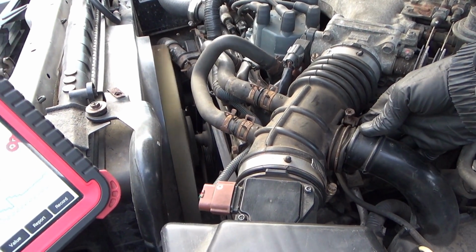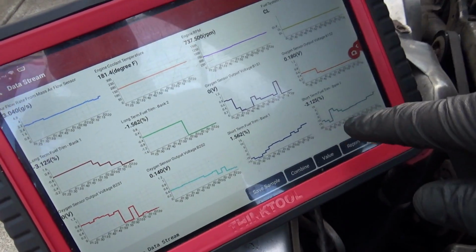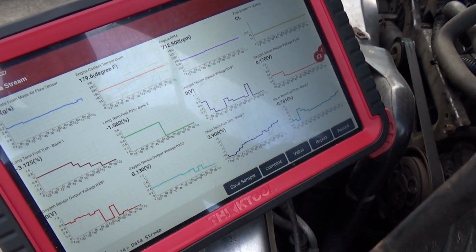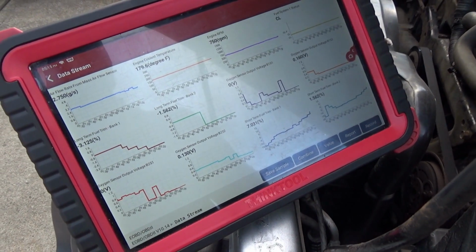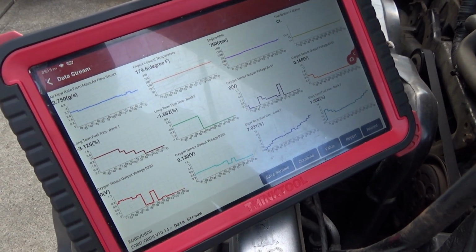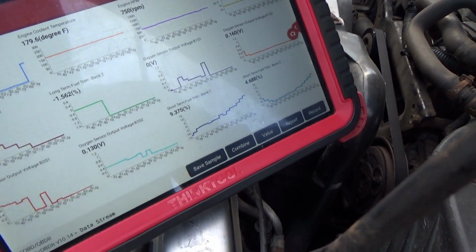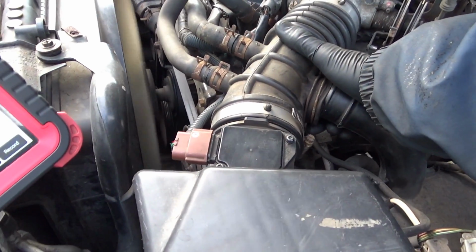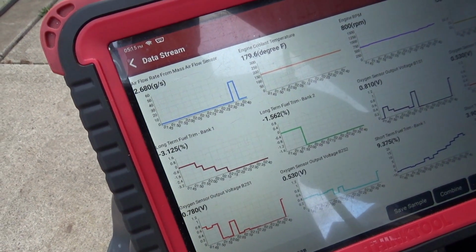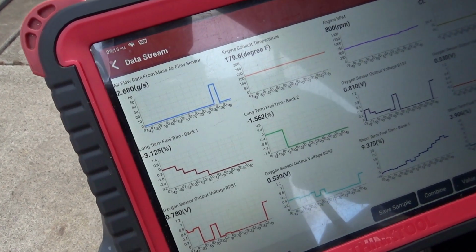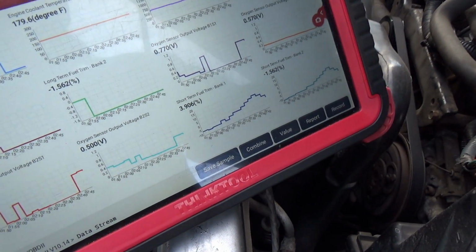If I let it go, make the air leak bigger, see we drop below 3, and we'll start adding fuel pretty quickly. The oxygen sensor is stuck at 0. We're going to keep climbing, climbing, climbing. Let's bring that back up to about 3. There we go. Short terms drop back down.